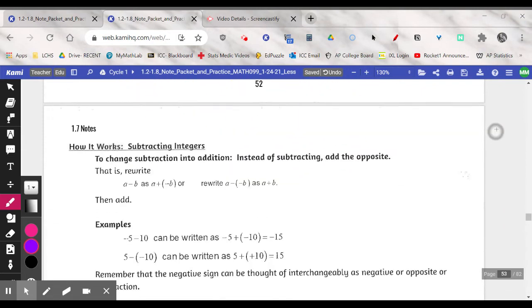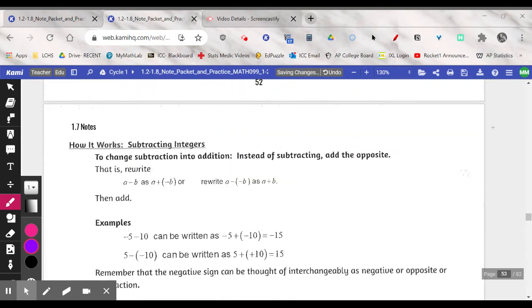Okay, looking at the next topic is how to subtract integers. So the way that we're going to do this is instead of just treating it like an entirely new lesson, we're going to figure out how to change these to addition problems.